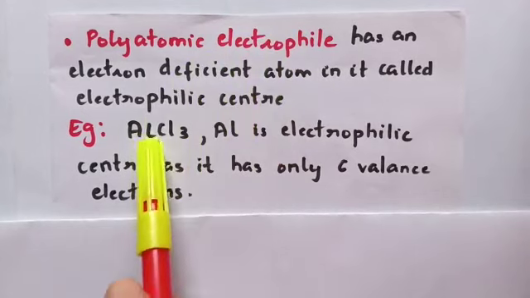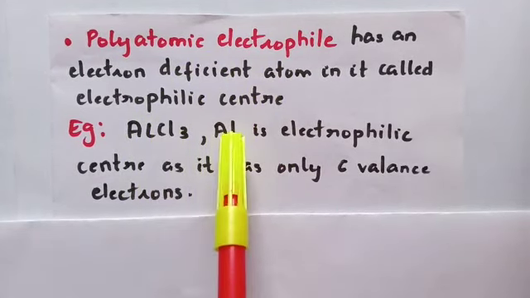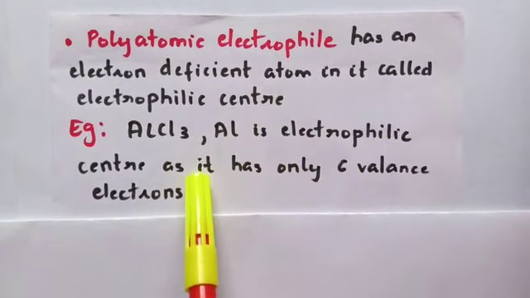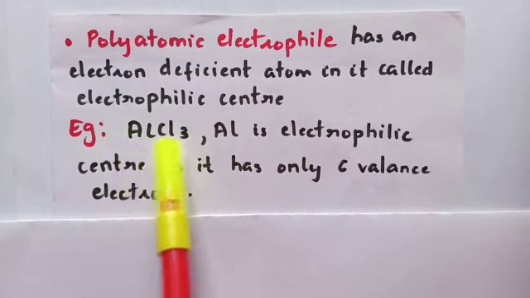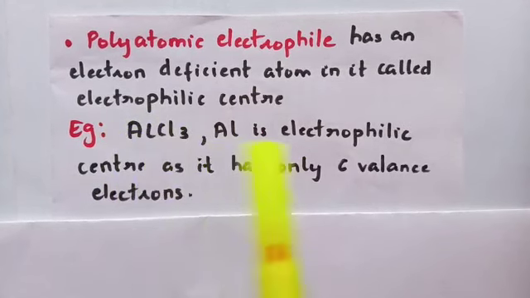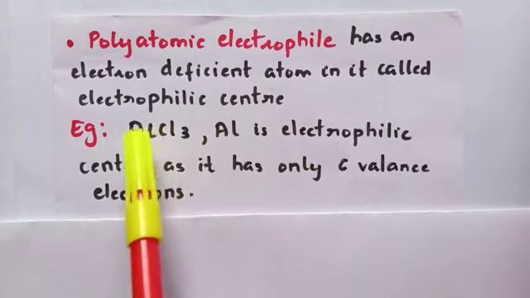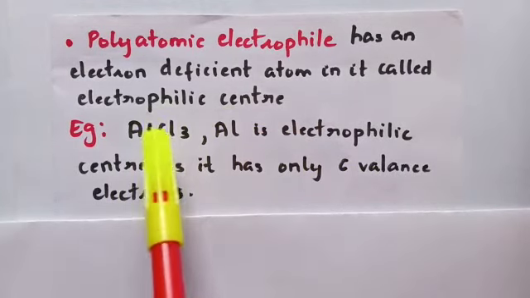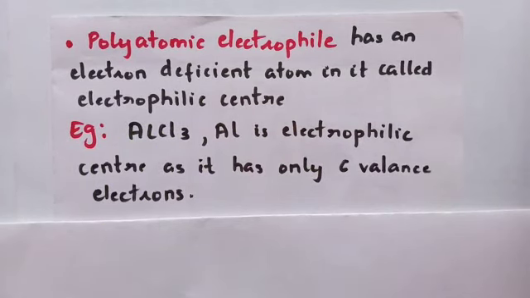Why, students? Because it has an electrophilic center in it. In this AlCl3, Al is the electrophilic center as it has only 6 valence electrons. In this compound, the octet of Al is not yet fulfilled. It has only 6 electrons, so it is electron deficient. So in this polyatomic electrophile, we have Al as the electrophilic center.